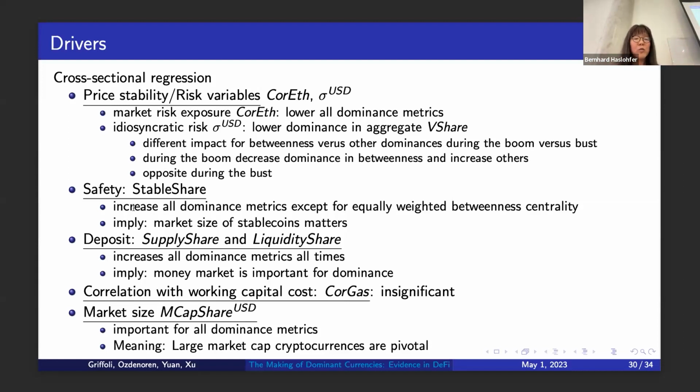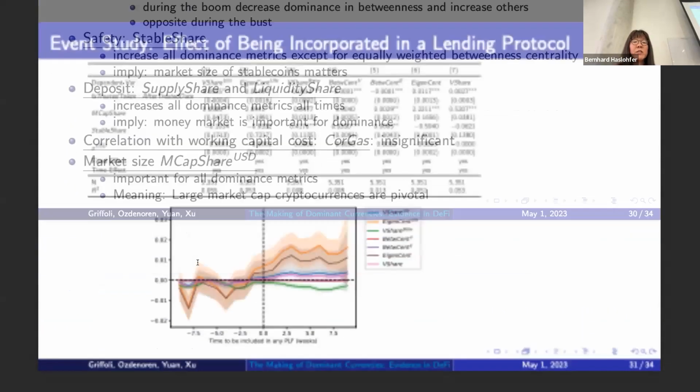So not all safety is the same. Also we find the deposit, the existence of a money market, is very important for a currency to become dominant. And market size is also important.